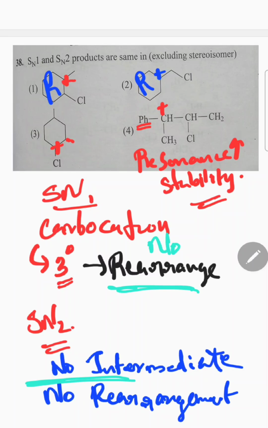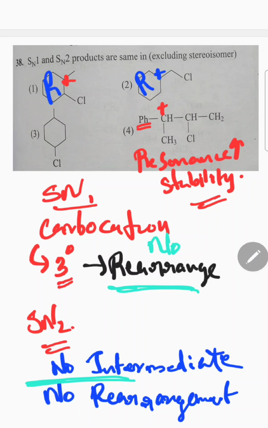If you shift this hydrogen from here to here, the positive charge now shifts to this position. This is also a secondary carbocation, so no use. If you shift a hydrogen from here to here, then also same thing, positive charge, no use. The positively charged carbon is again attached with two other carbons, secondary carbocation, so no use with that.